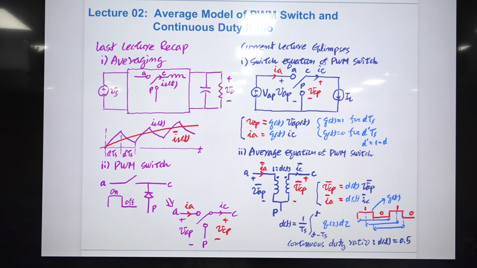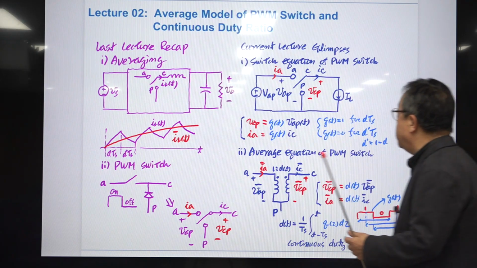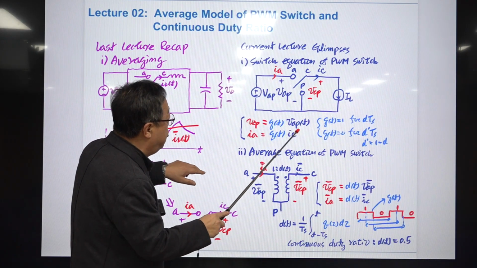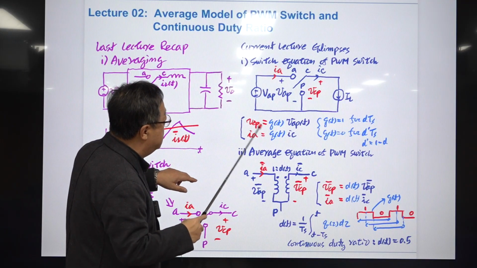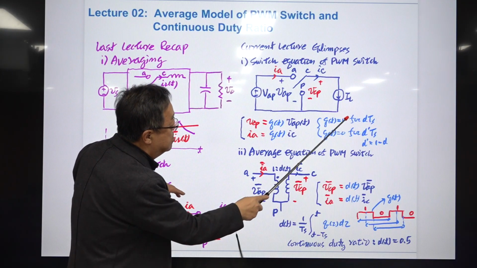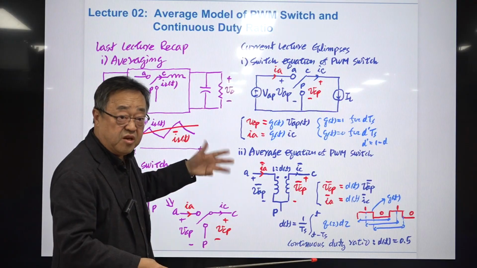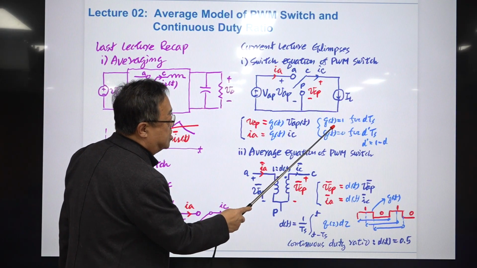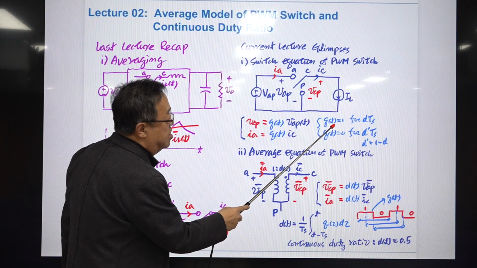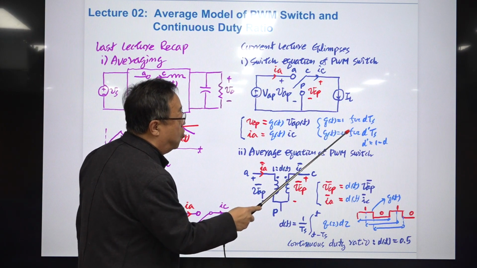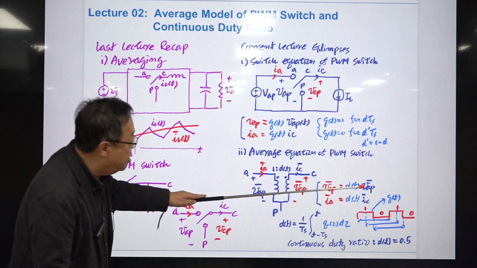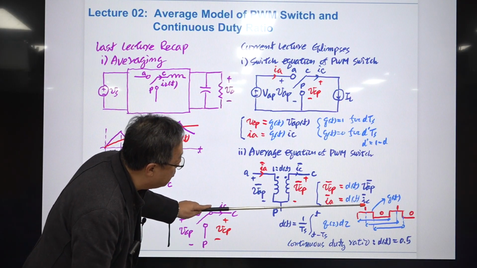Okay, so this DT is a continuous variable in here. This is a discontinuous variable, and these are switching variables, so it's called the switch signal. It has the value of 1 or 0. So apparently this is a continuous variable, but in here everything is a continuous variable.